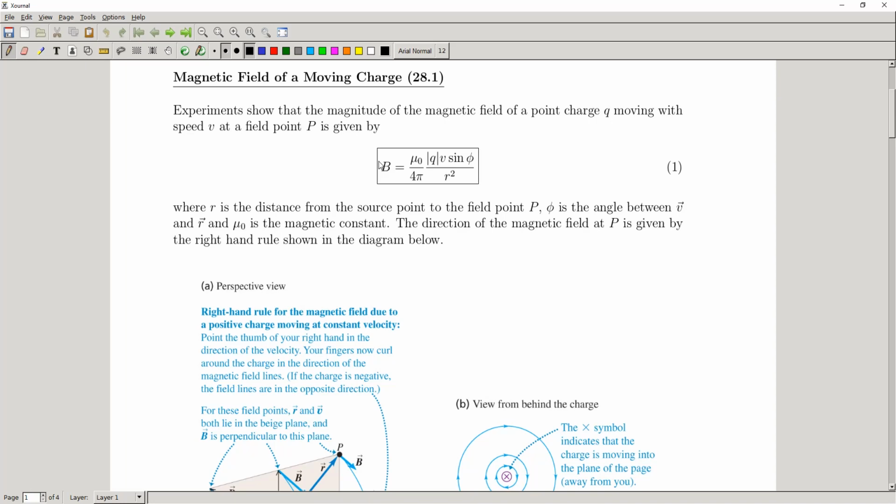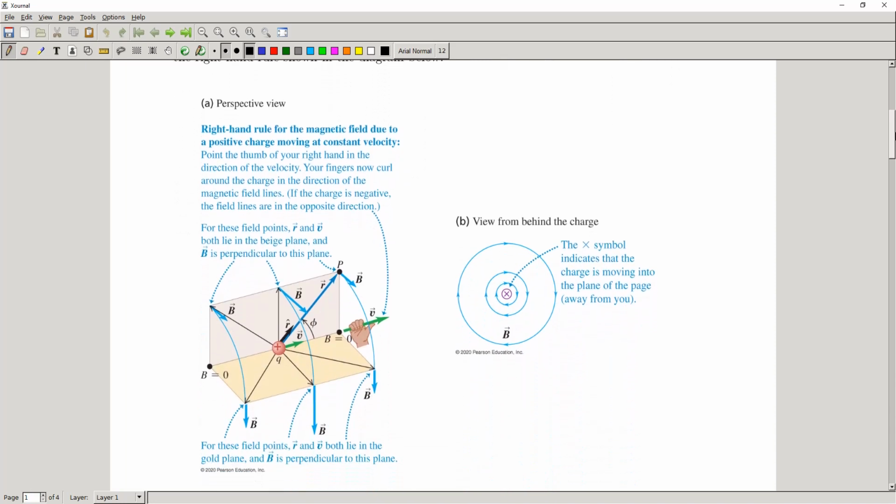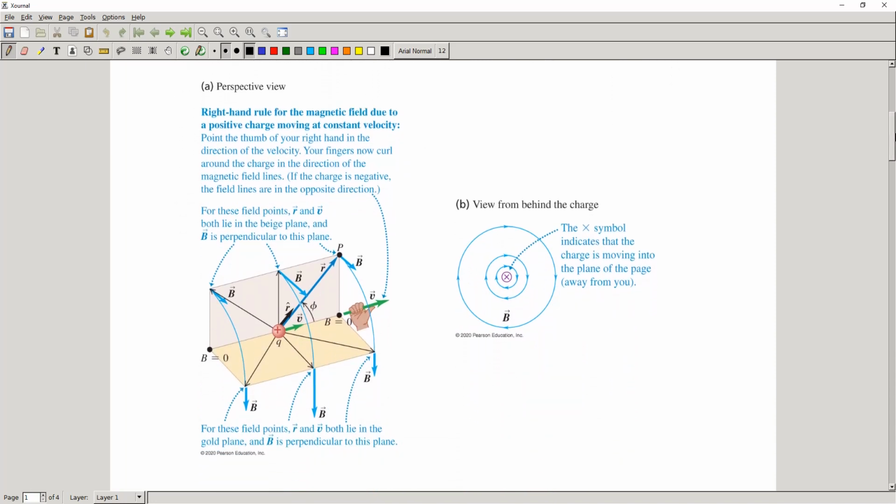Okay, so this is the magnitude of our magnetic field, but the direction of our magnetic field at this point P can be given by another right-hand rule. Let's take a look at how that's going to work. We can imagine here that we have some positively charged particle moving in this direction along the interface between these two planes that are drawn here, and we can see its velocity v drawn in here.